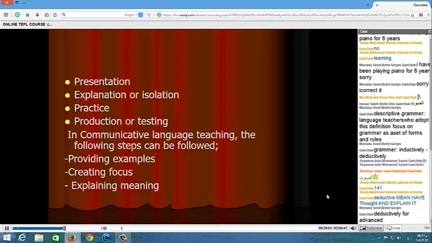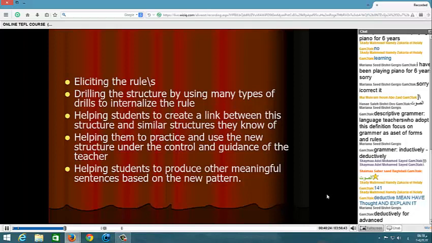Giving examples, creating focus, drawing the attention of the learners to the grammatical points you are presenting, drawing their attention to the rule you are talking about, and making them expect to use this rule to produce new, similar sentences, explaining meaning and use or usage of the grammatical rule, and so on. Eliciting the rule by the learners themselves.